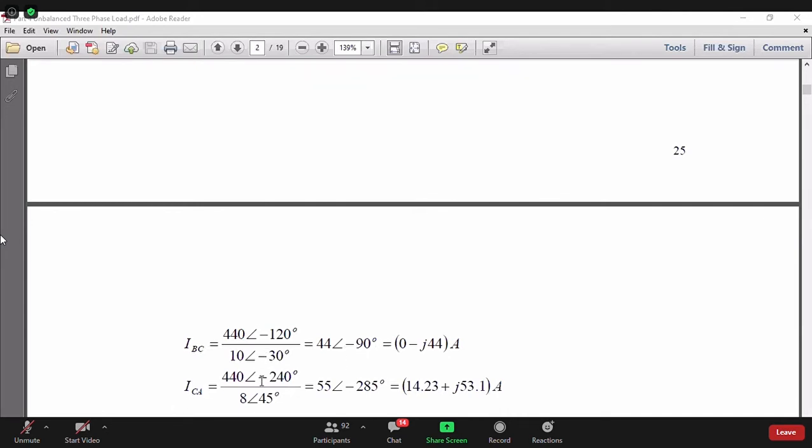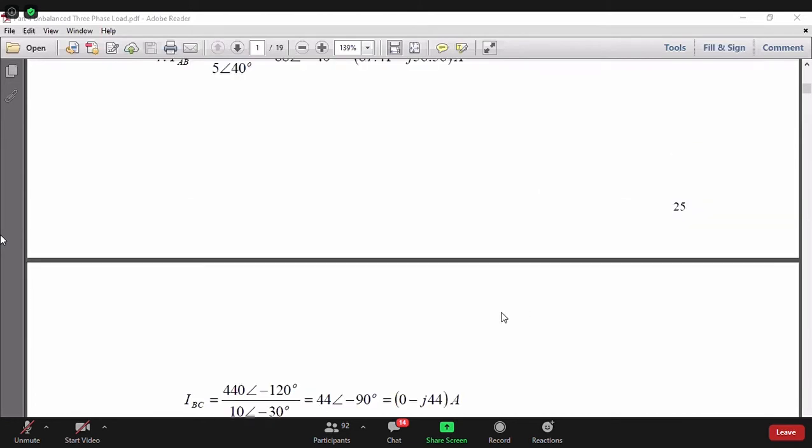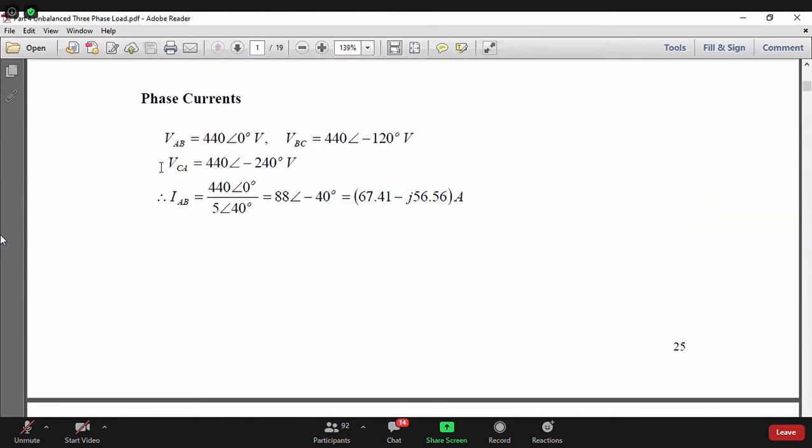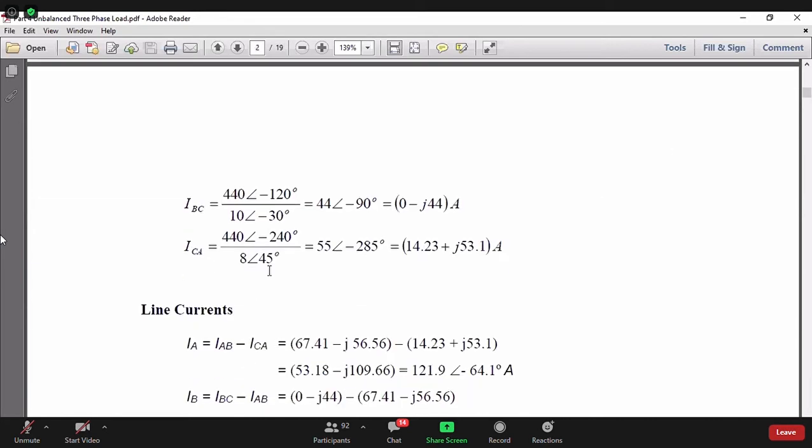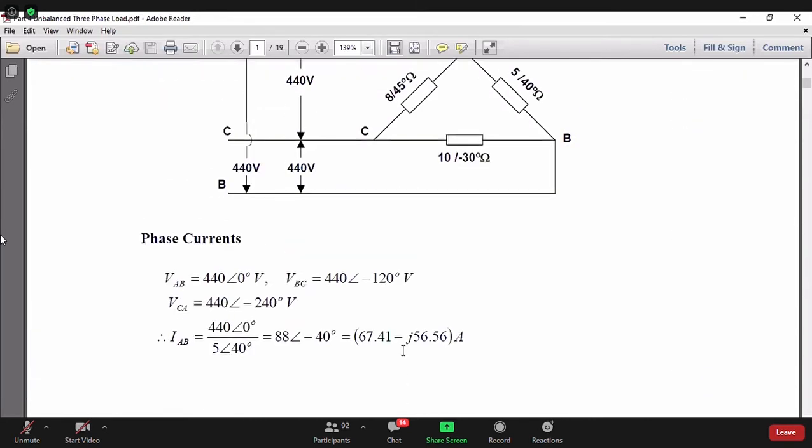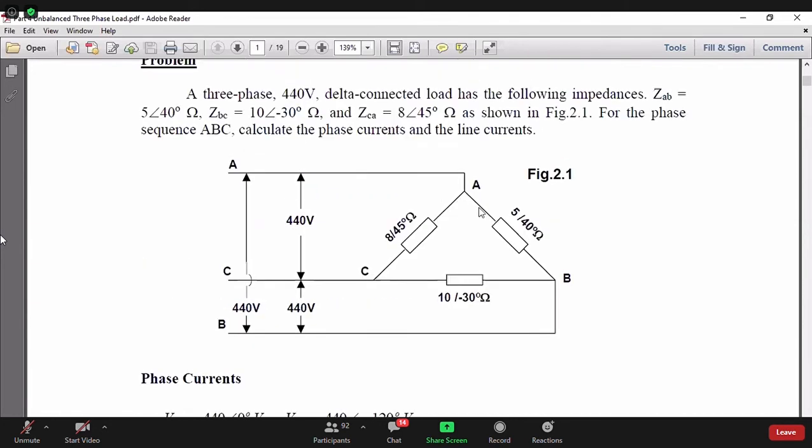Similarly, VCA divided by ZCA is the current. So what I get is the 3 currents, IAB, IBC, ICA. Now IAB is the current here, IBC is the current here, ICA is the current here.